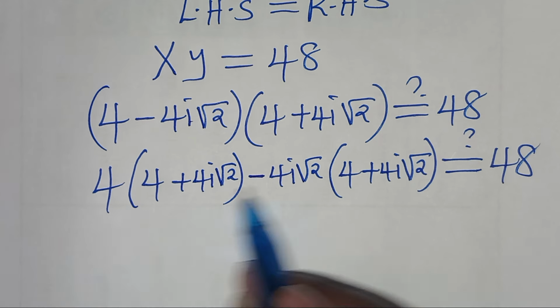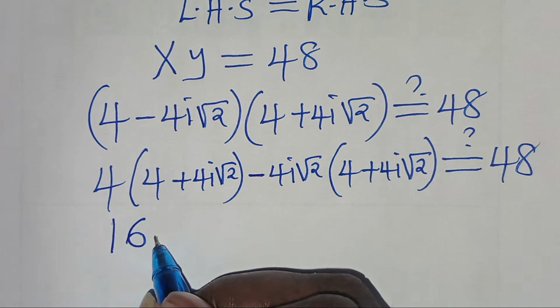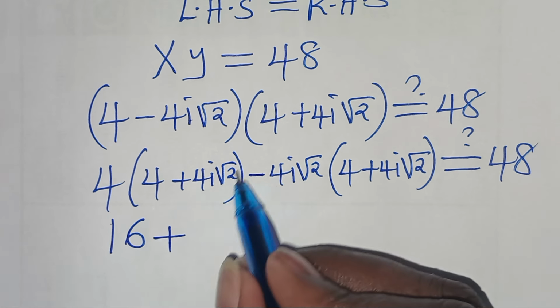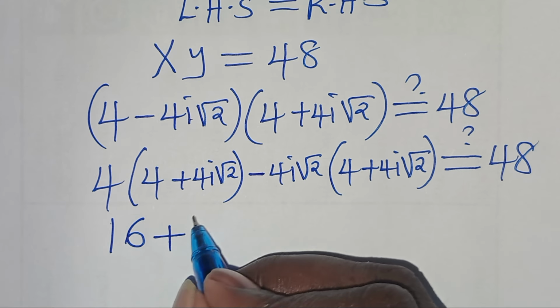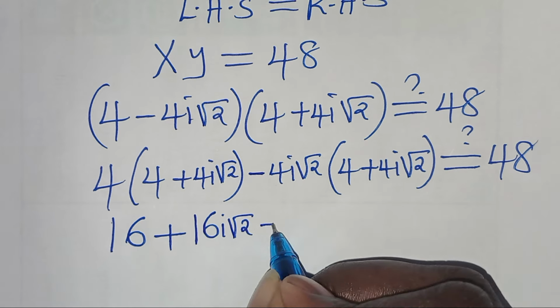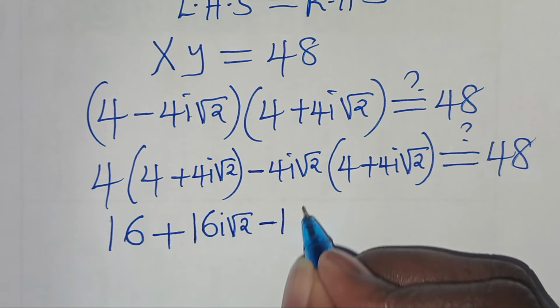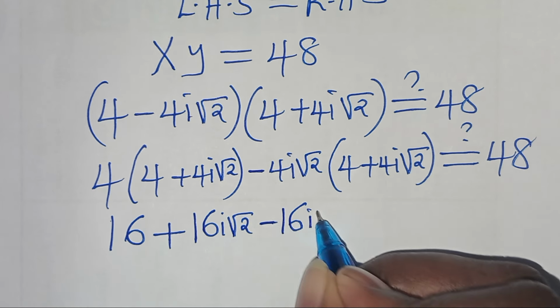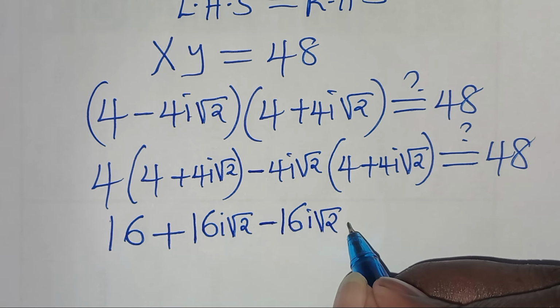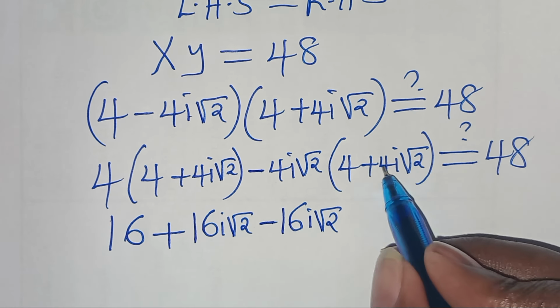Now let's open the parentheses here. We have 4 times 4, this is 16. Then plus, we have 4 times 4i square root of 2. This is 16i square root of 2. Then subtract 4i square root of 2 times 4. So this is again 16i square root of 2. Then we have minus 4i square root of 2 times plus 4i square root of 2.